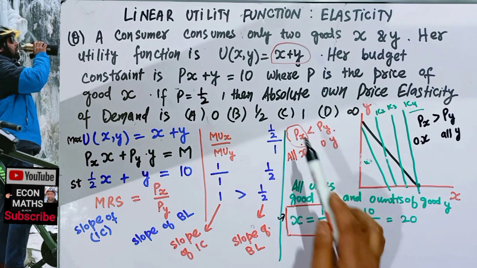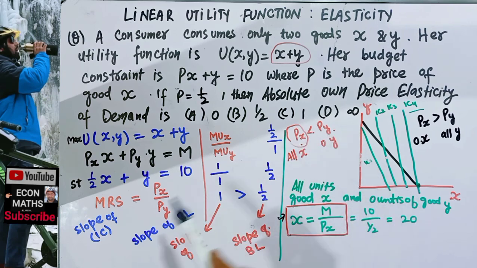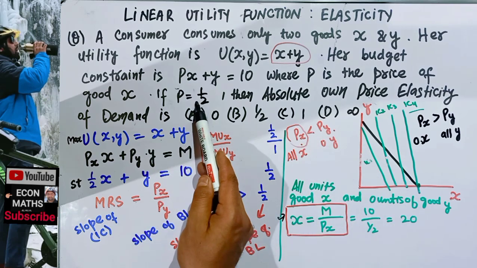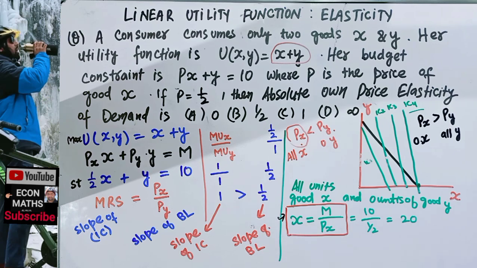Since price of good X is 1 upon 2 and price of good Y is 1, good X is cheaper, and we have perfect substitutes here. This is the demand function. Now what is own price elasticity of demand?